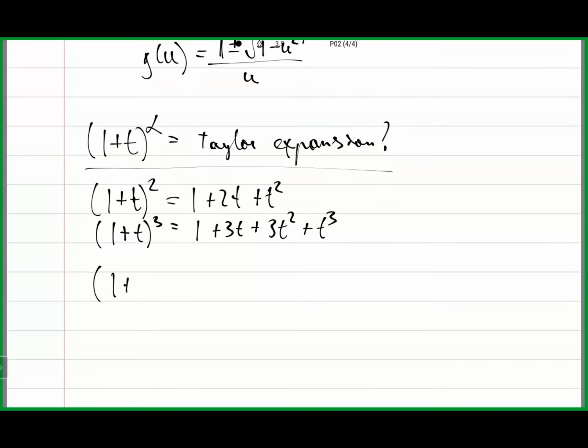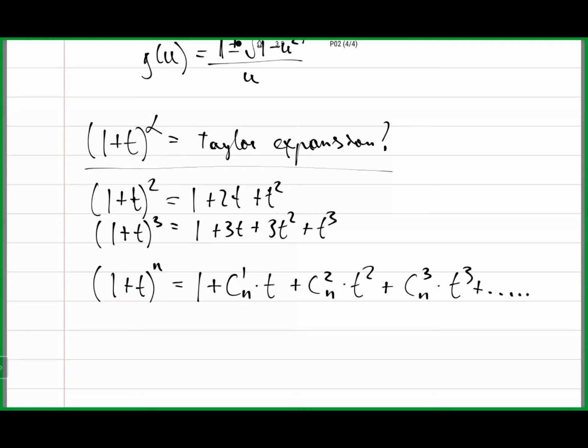In general, 1 plus t to the power n gives you 1 plus the binomial coefficient choose 1 from n times t, plus choose 2 from n times t squared, plus choose 3 from n times t cubed, and so on.